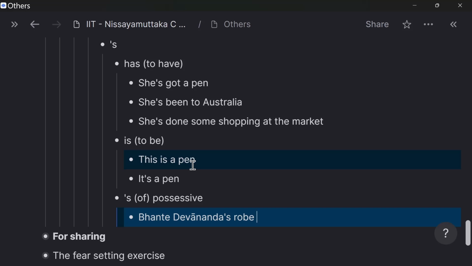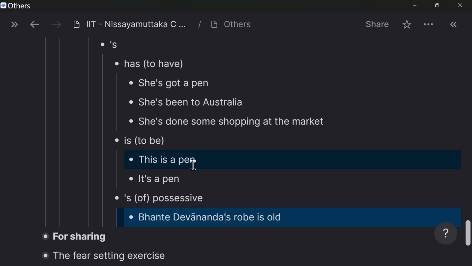Bhante Devananda's robe. Apostrophe, yes. Bhante Devananda's robe is old. Bhante Devananda's robe is old.